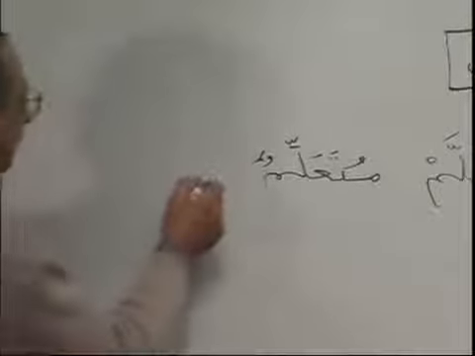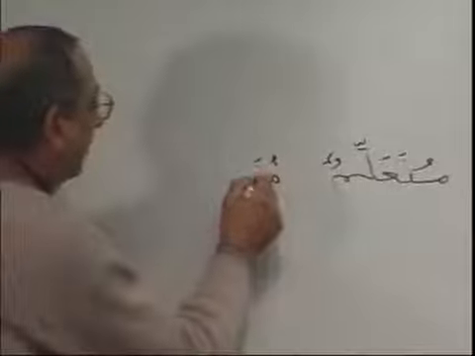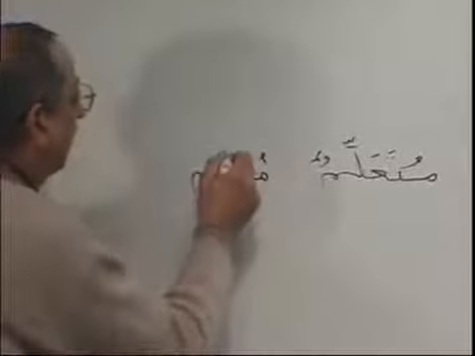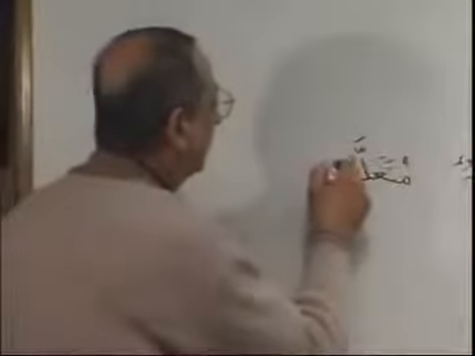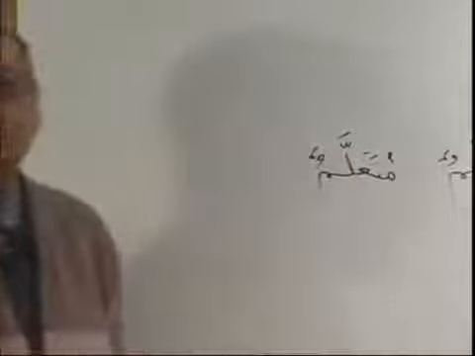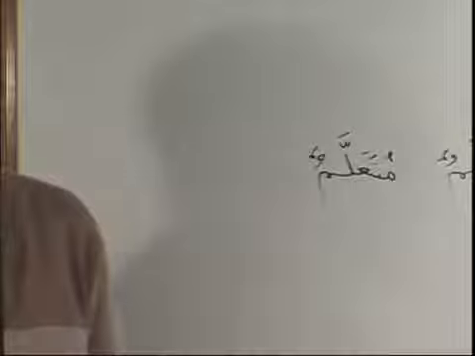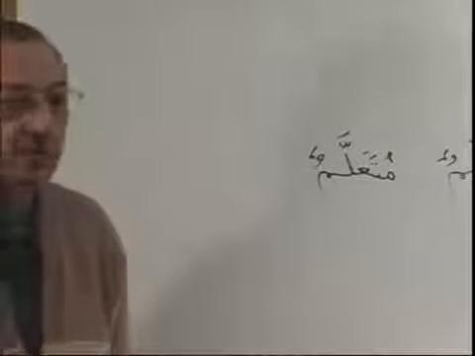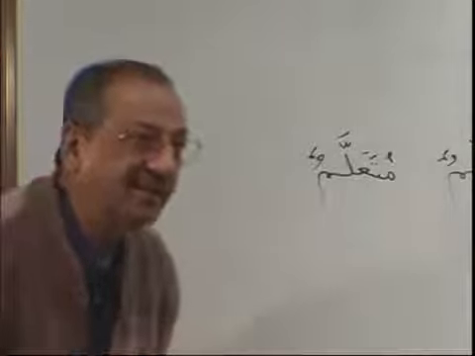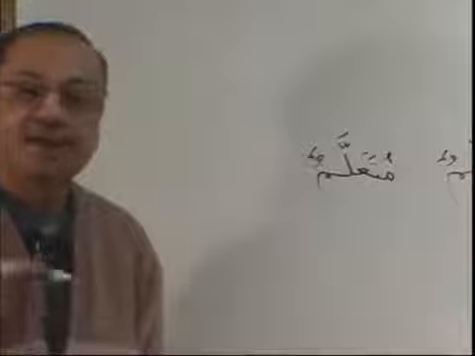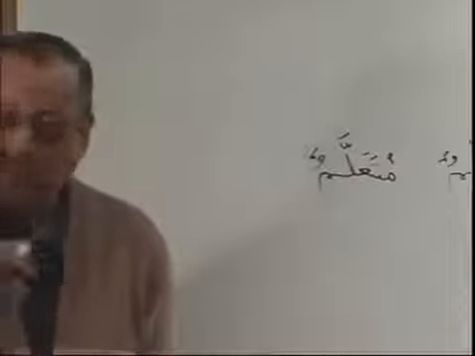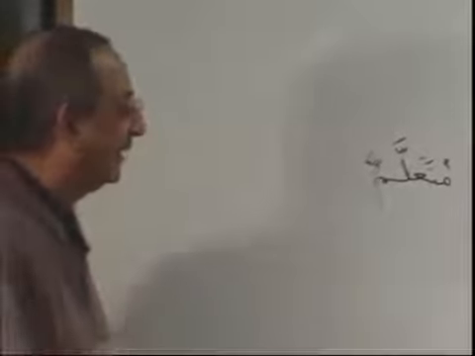For ism maf'ul, we have to learn how to recognize it, which is just by looking at the fatha on top. Every verb cannot have ism maf'ul. Only those verbs which are muta'addi, transitive, which has maf'ul bihi, will have ism maf'ul. We will again explore it in detail, inshallah.